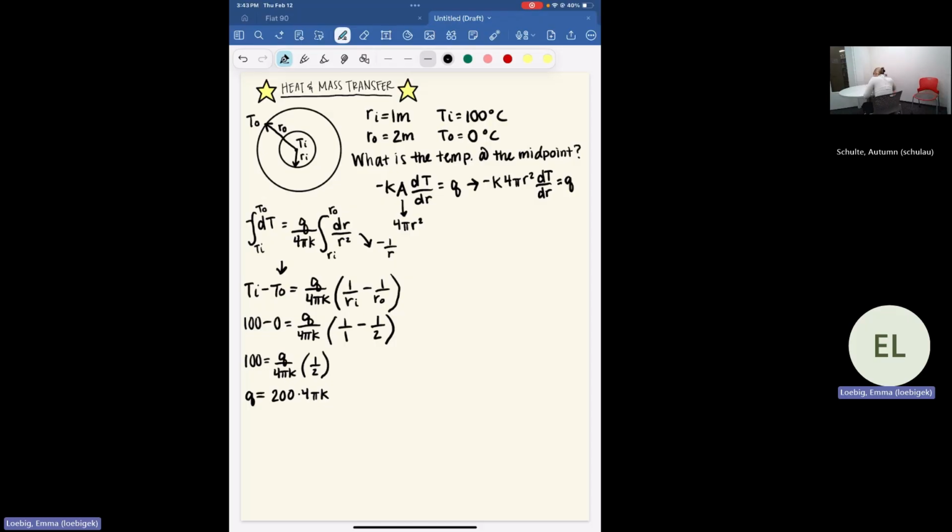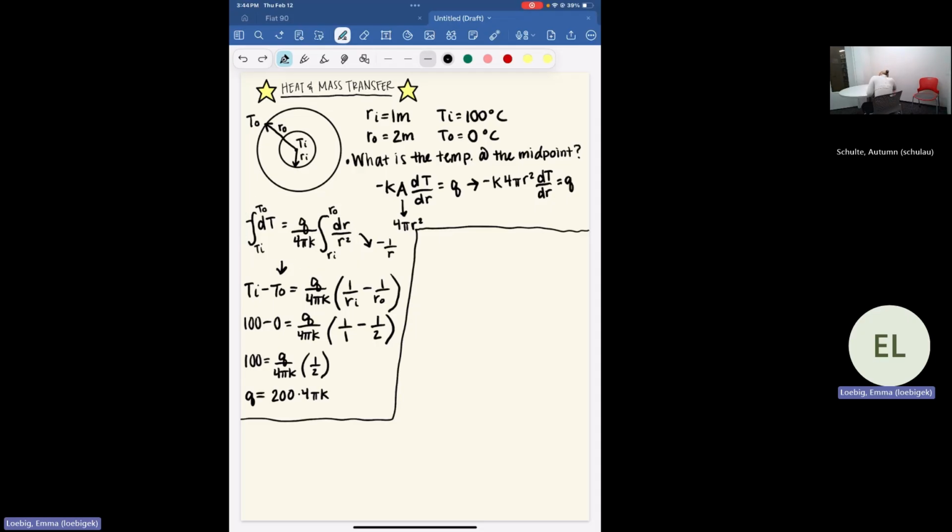Now back to our original question. What is the temperature at the midpoint? We can take our same equation we used over here, and this time, instead of evaluating from our inner temperature and inner radius to our outer temperature and outer radius, we are going to evaluate it from our inner temperature to our temperature at our midpoint and our inner radius to our radius at our midpoint.